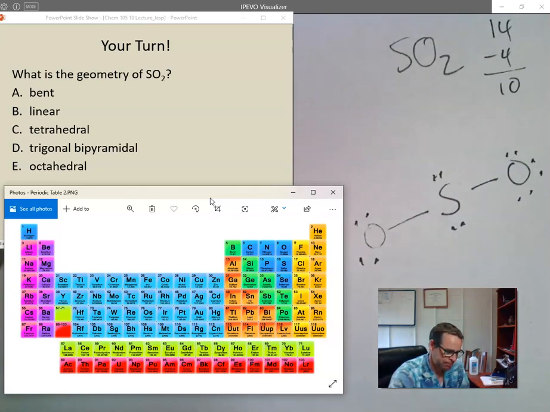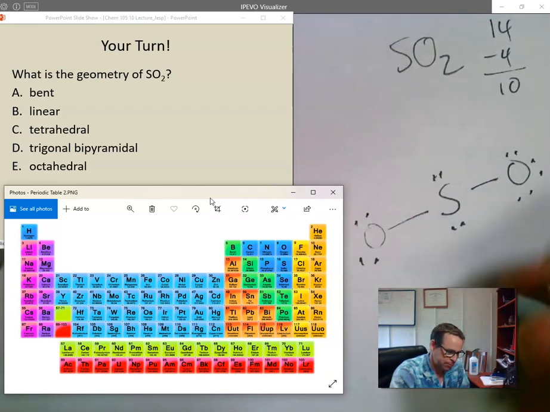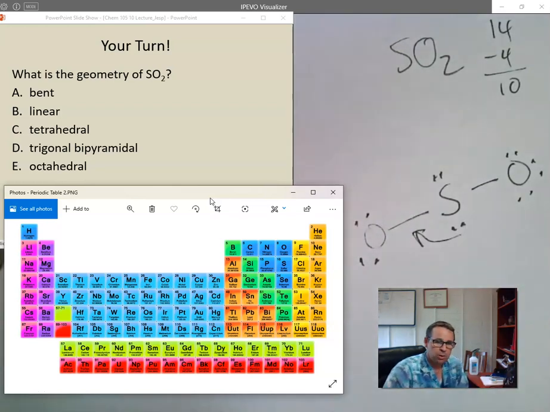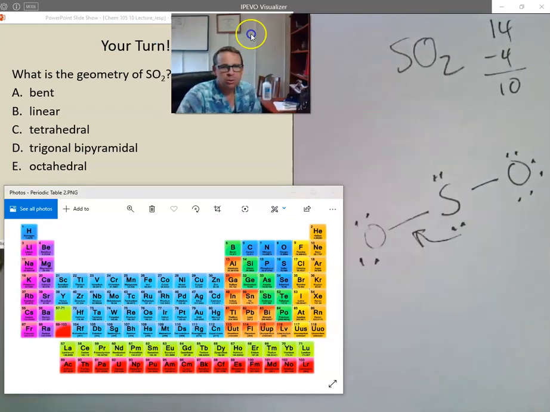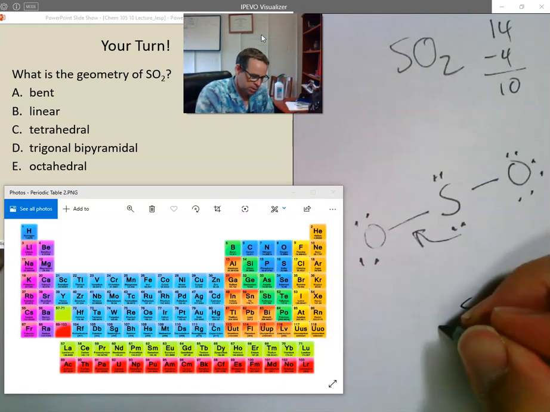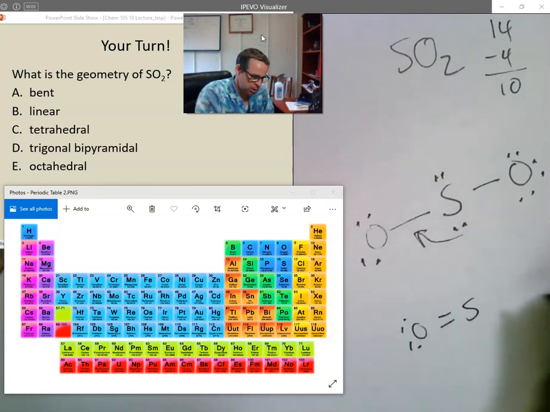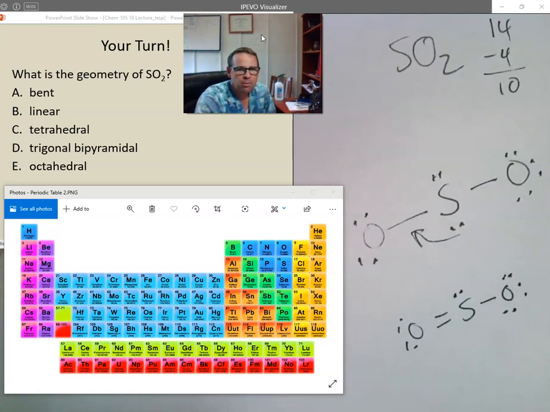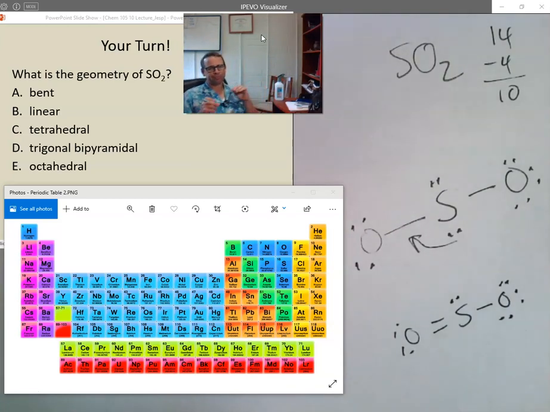Between where? The sulfur and the oxygen on the left. Okay, so we're going to do that sort of thing. So we have S with a double bonded oxygen like that, and now we have oxygen like this. All right, are we done? No. How can we tell?